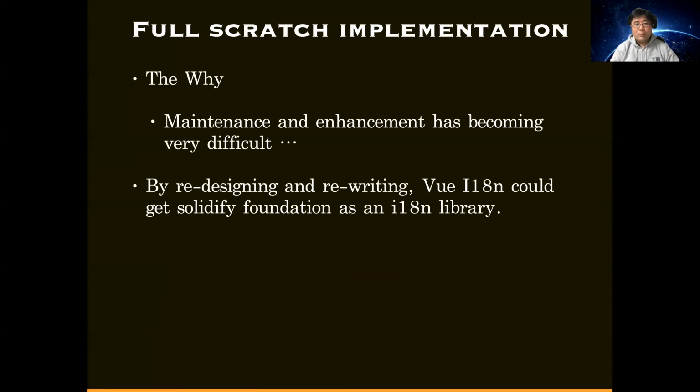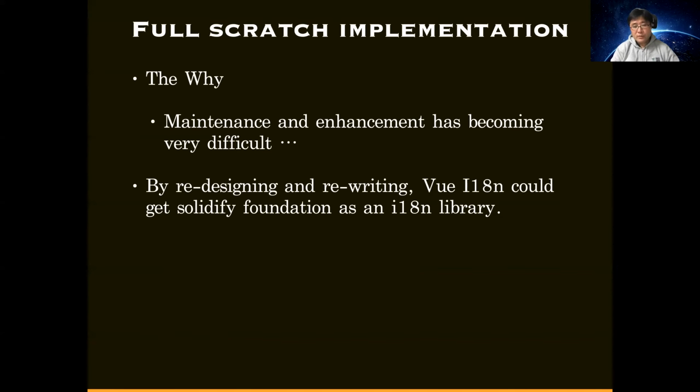For the development of Vue I18n, we reset the project once and implemented it from scratch. Why is that? Because Vue I18n was becoming very difficult to maintain and enhance. Since the release of version 6, we have added some features to Vue I18n. But most of the features were added for use cases that we didn't envision at the time of the design, so we added features on an ad hoc basis.